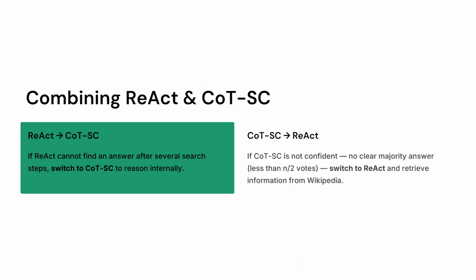And secondly, if we first take chain of thought and self-consistency and we arrive at a final answer, but the majority of the votes are not with the final answer, like n by 2 votes, then we switch to ReAct-based learning. These give the best possible results among all.